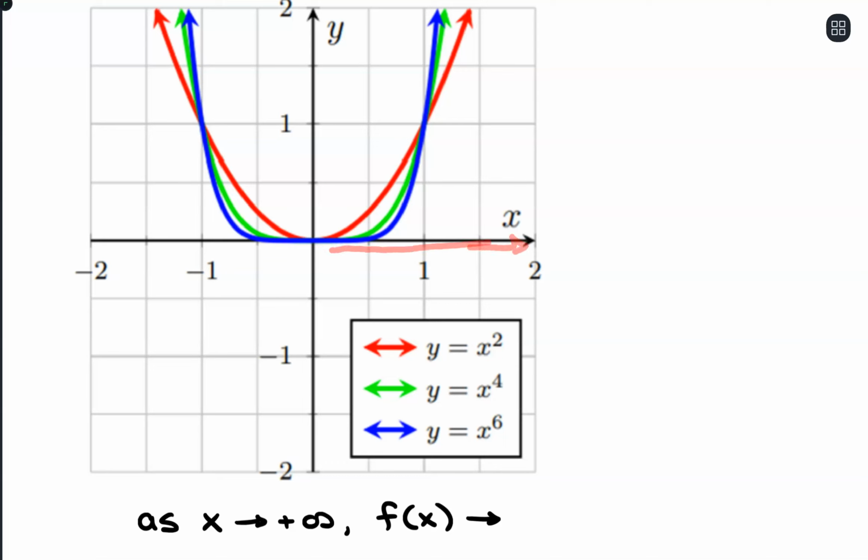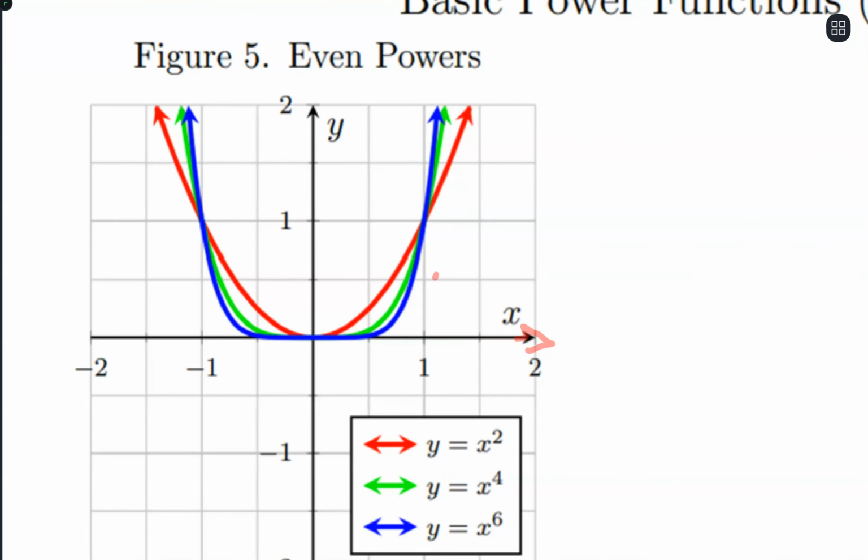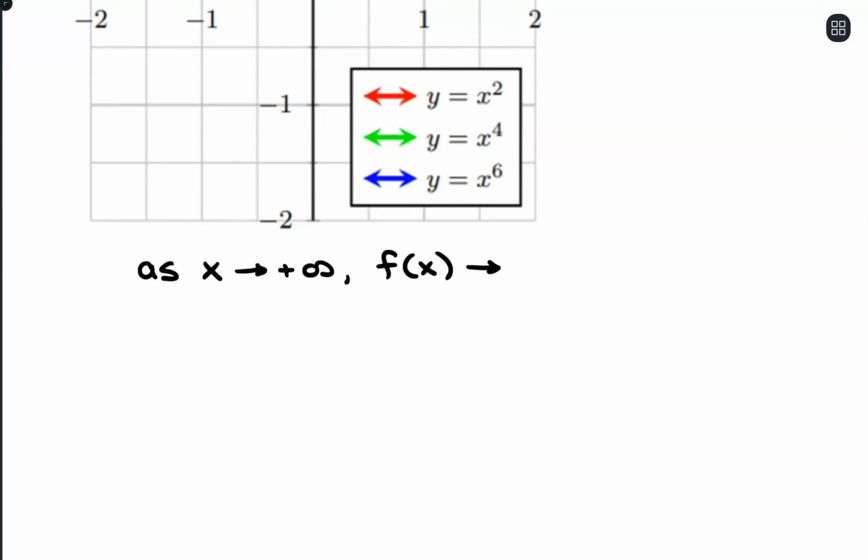What's happening as x is getting larger and larger and larger? Well, our y values are getting larger and larger and larger. With those arrows going off to positive infinity, that tells me that my function outputs are just getting bigger and bigger and bigger. So how I would write that is as x approaches positive infinity, f of x approaches positive infinity.